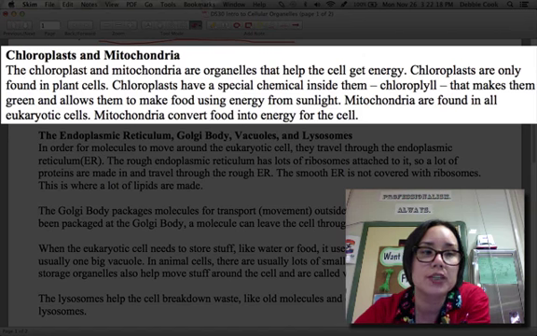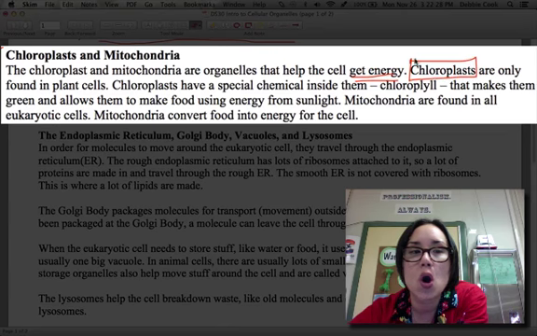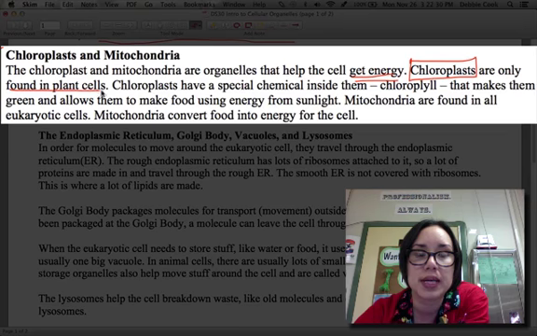Chloroplasts and mitochondria. The chloroplasts and mitochondria are organelles that help the cell get energy. Chloroplasts are only found in plant cells. Chloroplasts have a special chemical inside of them called chlorophyll that makes them green and allows them to make food using energy from sunlight.